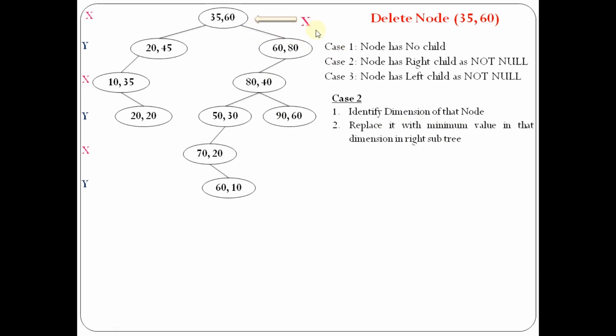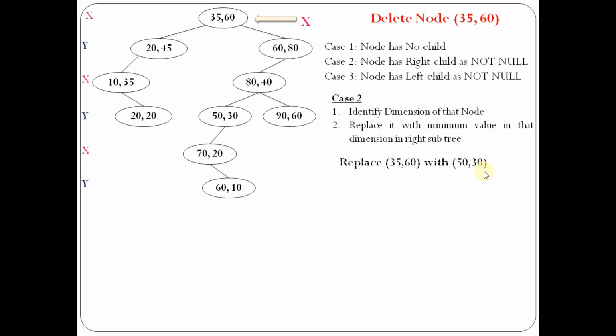Minimum value of what? Minimum value of the x coordinate. In the right subtree, the minimum value of the x coordinate is 50, because the minimum value of x in the right subtree is for this node, (50, 30). So we have to replace (35, 60) with (50, 30).